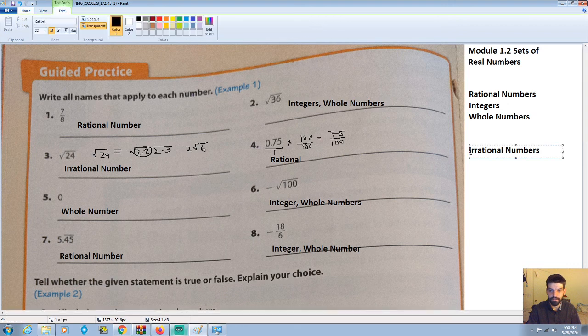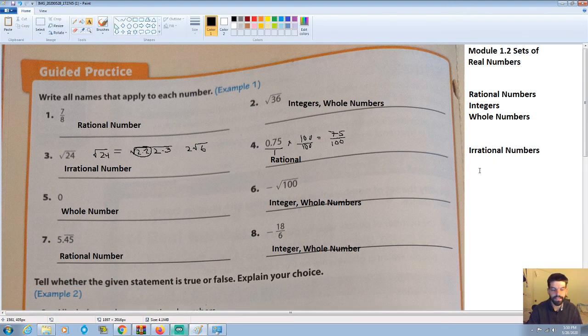Irrational numbers, again, are just numbers that cannot be expressed as a ratio of two integers, and these are numbers that do not terminate, or they show no repeating decimal pattern. Okay?